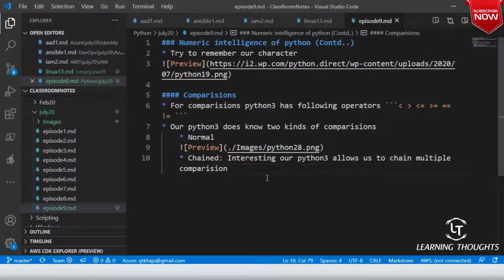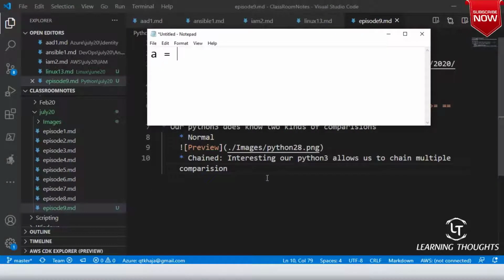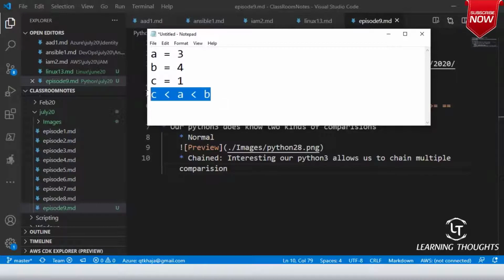So, for example, A is 3, B is 4, and C is 1. Now, if I write this expression, C is less than A and less than B. Is this true?